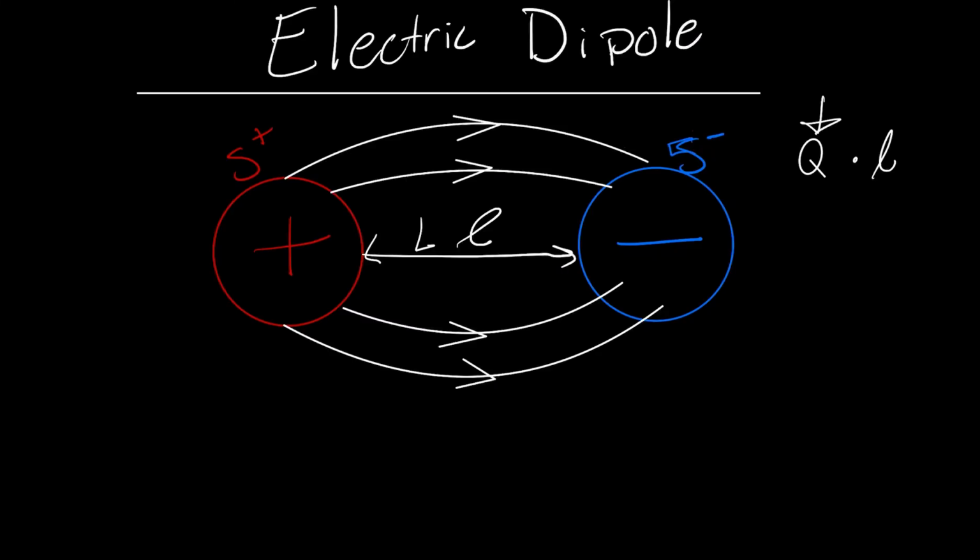Let's say we were to double that to 10. So instead of 5 here, we now have 10, and instead of 5 here, we also have 10. If we double the size of the charge, that would mean the amount of electric field lines or dipole lines doubles as well.